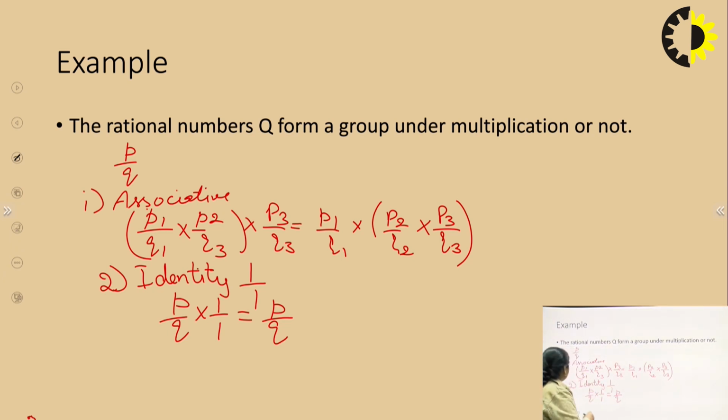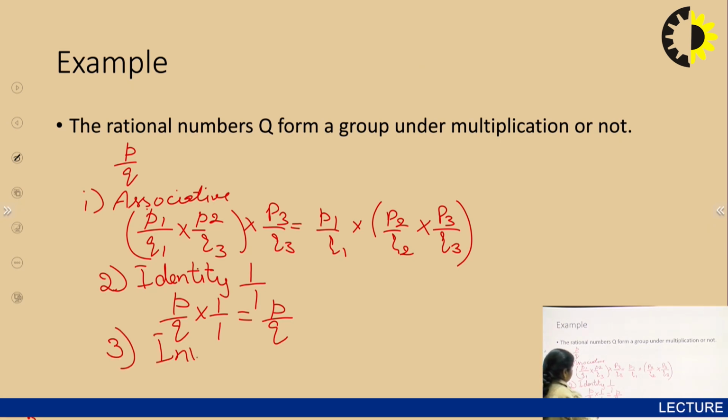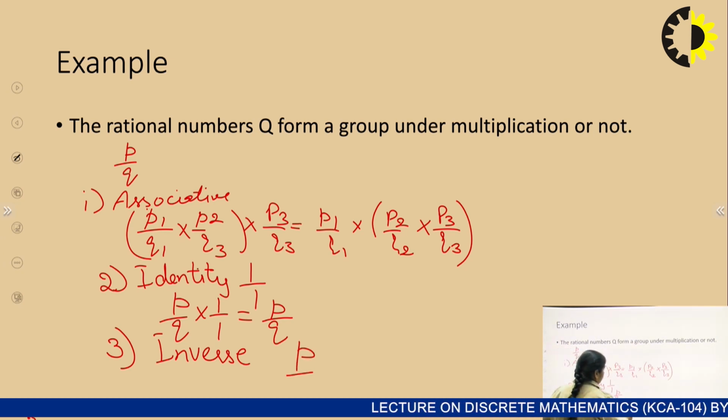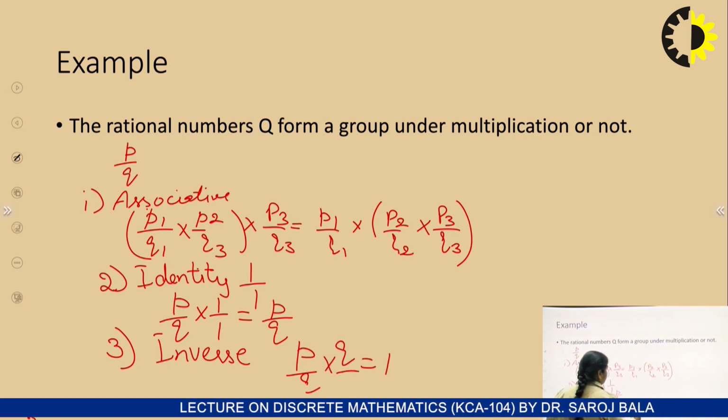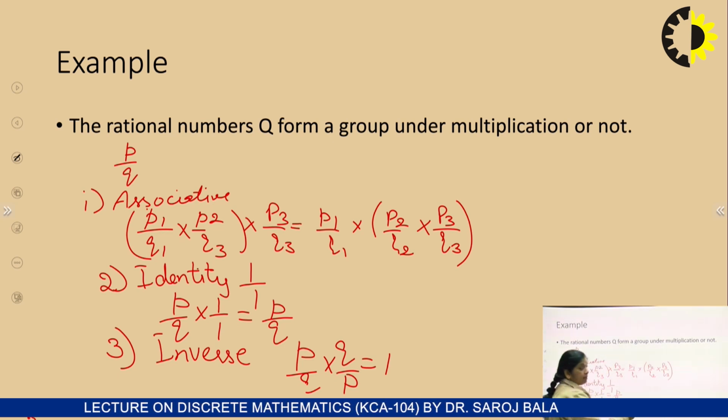Okay, now the third property we need to check is inverse. The inverse element of P by Q is one for which we get 1 in answer. So if we multiply it with Q by P, we get 1 in answer.